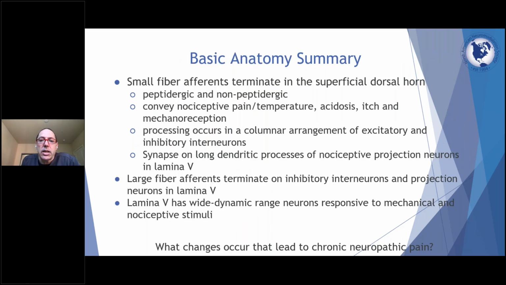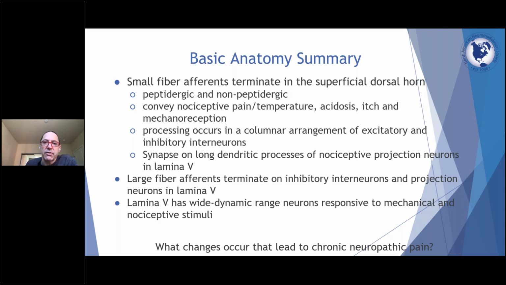So the basic anatomy, the fundamental anatomy in the healthy individual, is that there are small fiber afferents, which are classified as either peptidergic or non-peptidergic. These peptidergic and non-peptidergic afferents have a different population of neurotransmitters.